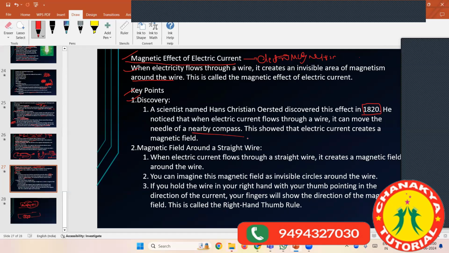Ma'am, I have a doubt. Can the magnetic field of the earth change, or can it attract, or do something to the magnets? It can do something to the magnets, you're asking?